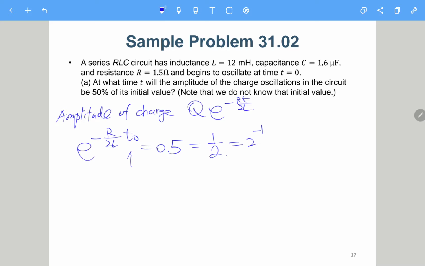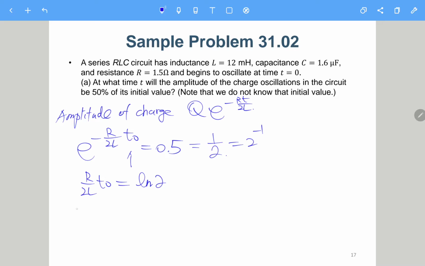So let's take the reciprocal and then take the log on both sides. So we'll get R over 2L T0 equals natural log of 2.